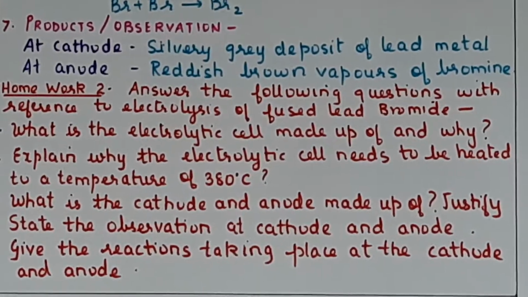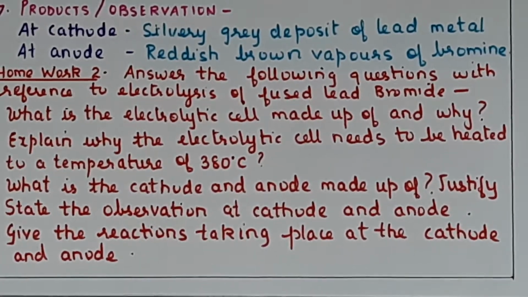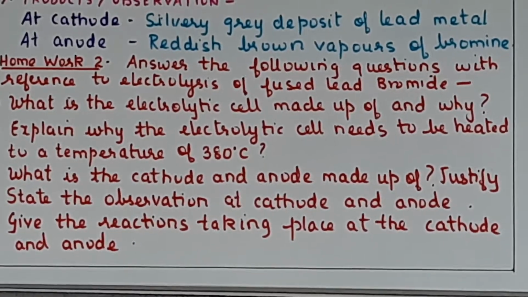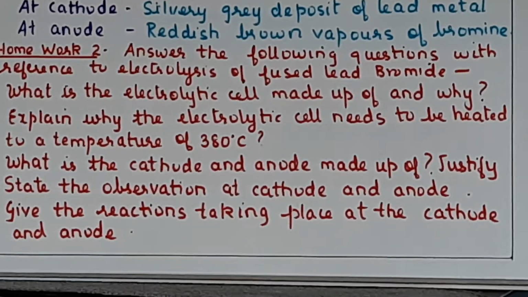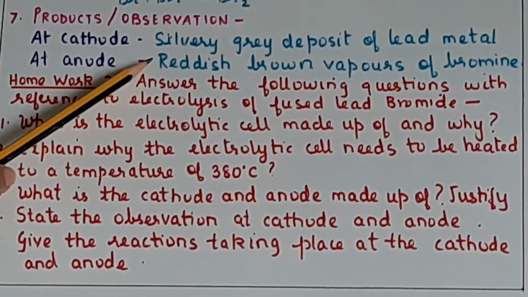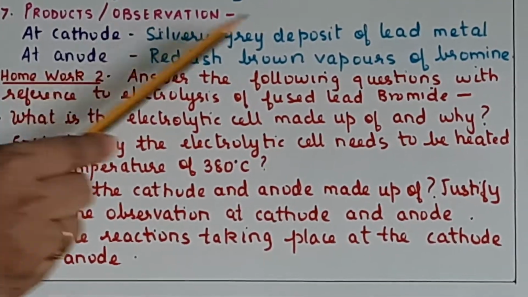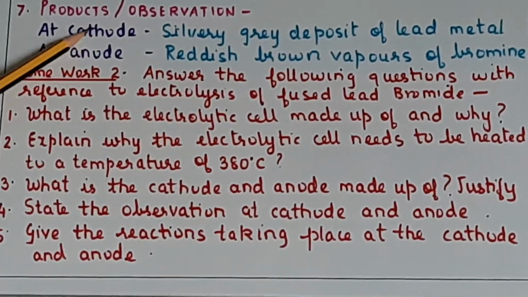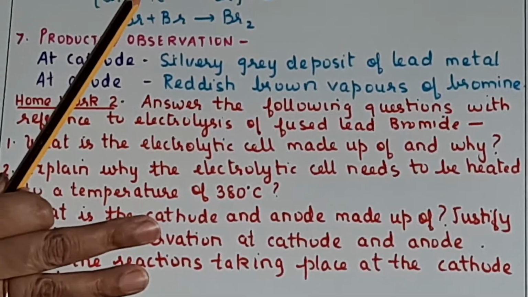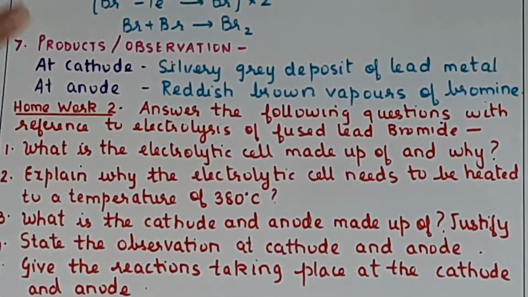If you remember the paper pattern, if not, go through the paper pattern which I gave in the first lecture. In that there is one question, state your observation in case of the following. In that compulsory part they generally ask for the observation during electrolysis of molten lead bromide. So you have to write both these observations. Yes, the color is very important in all observations. Okay, is it clear? So this is our electrolysis of molten lead bromide.